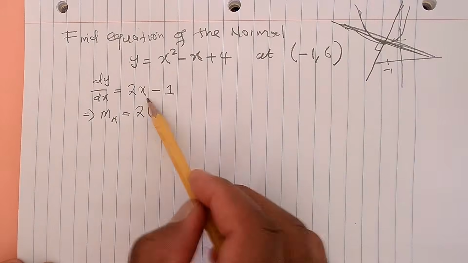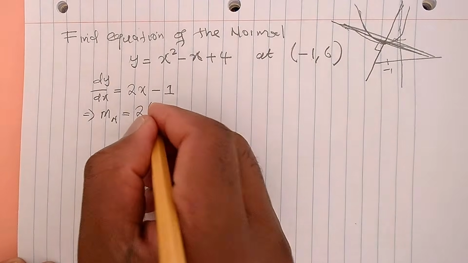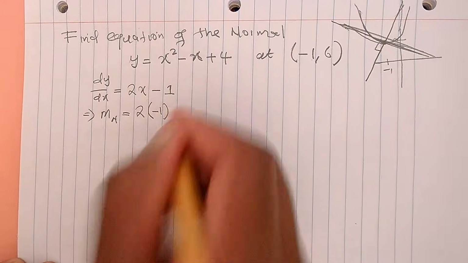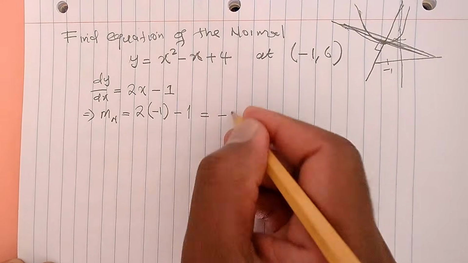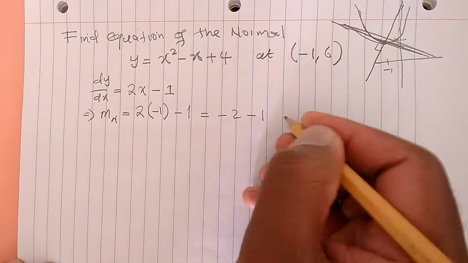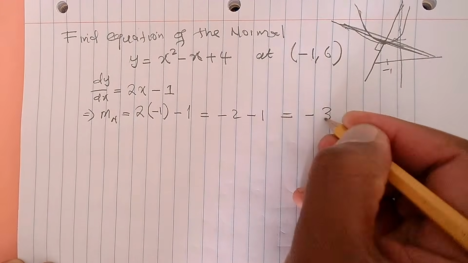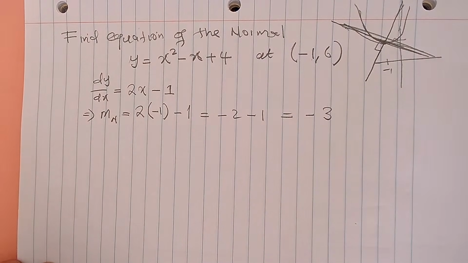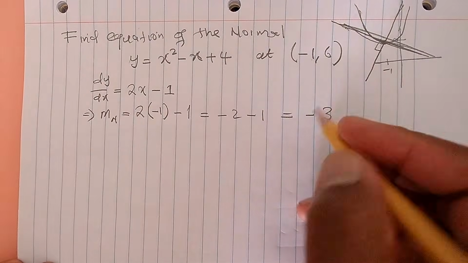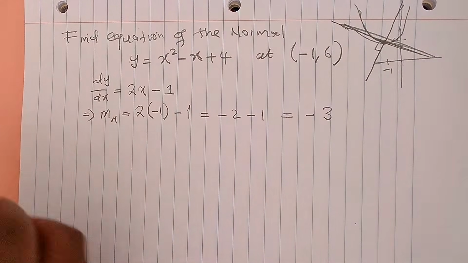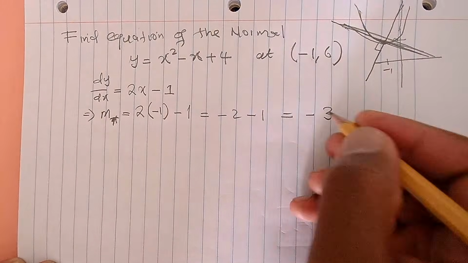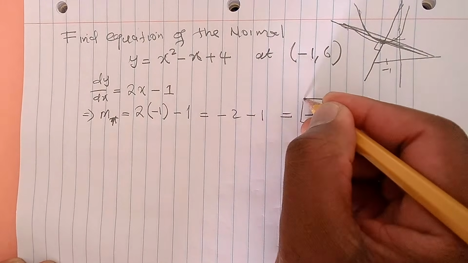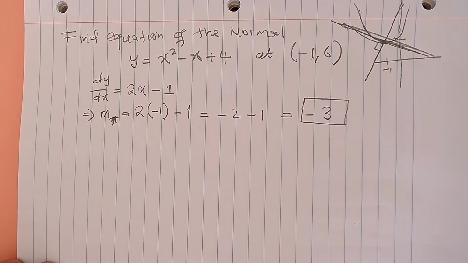Where there is x, I put negative 1, then minus 1. So this is just minus 2, minus 1, which is negative 3. So this is the slope of the tangent. The slope of the tangent is negative 3.